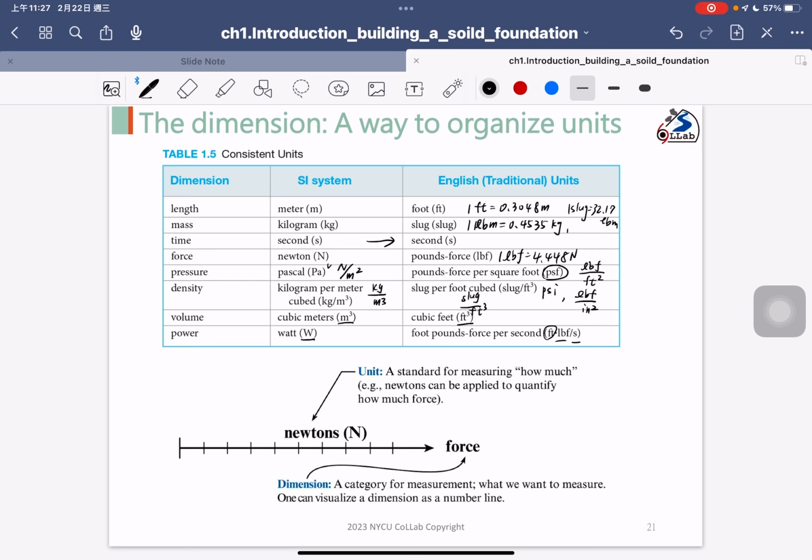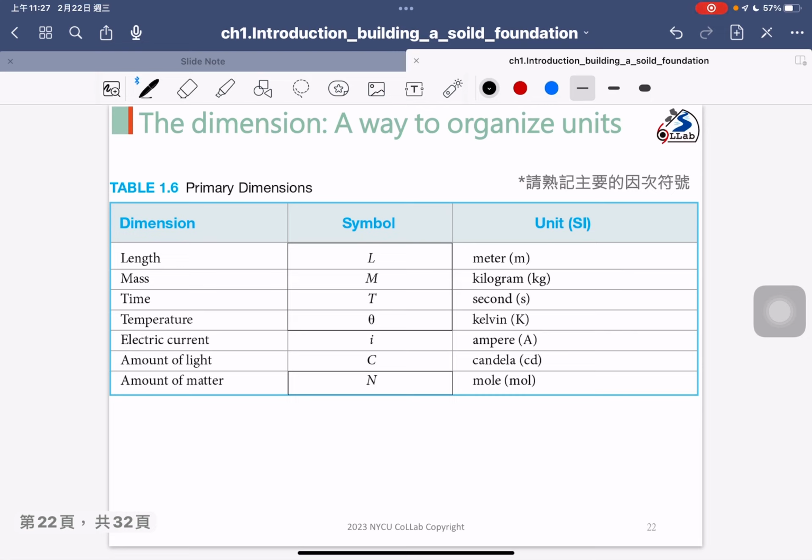Okay, and then some symbols will be used in the future. I emphasize that for length I will use capital L, for mass capital M, for time capital T, for temperature we will use theta, and for the amount of matter we will use the number.